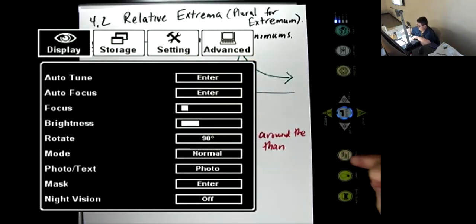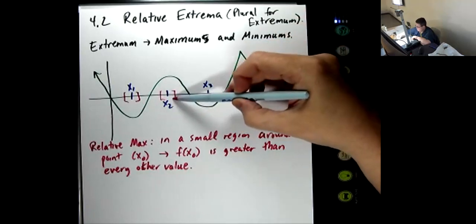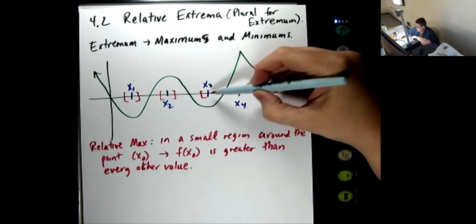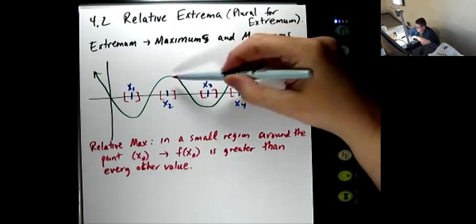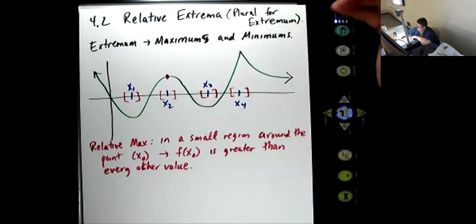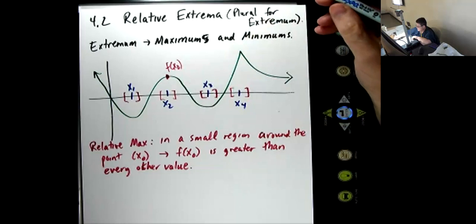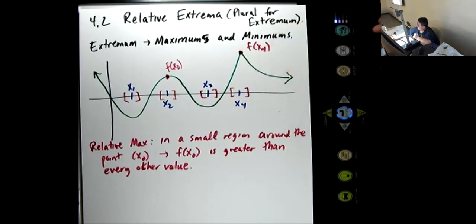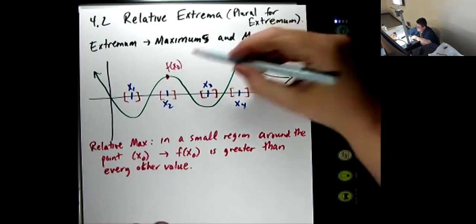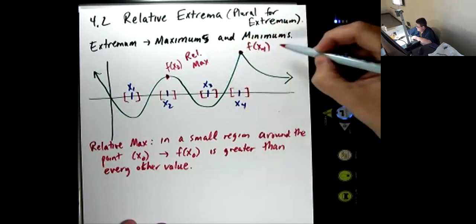We're looking at a small interval around each of them. At x2, f of x2 is greater than everything around it, and f of x4 is greater than everything around it. So this is a relative max, and so is f of x4.